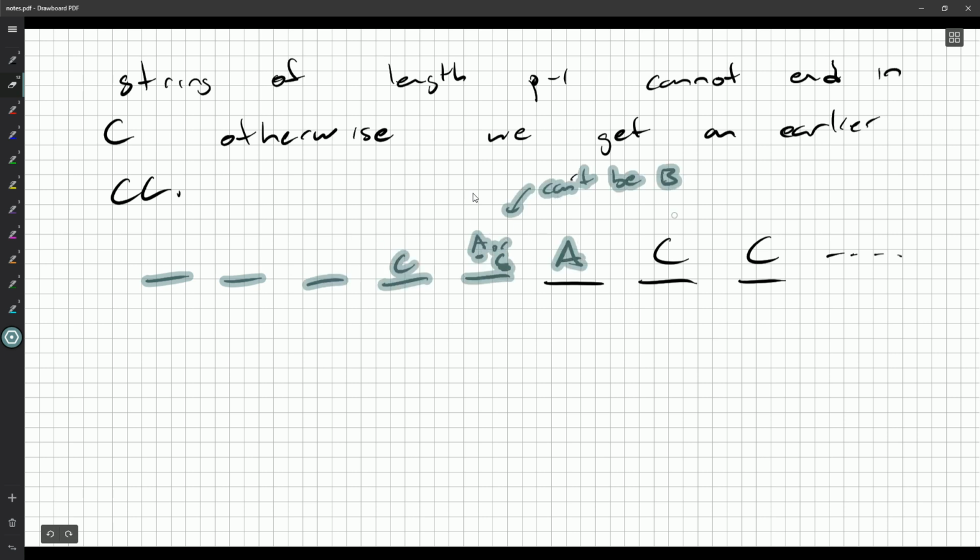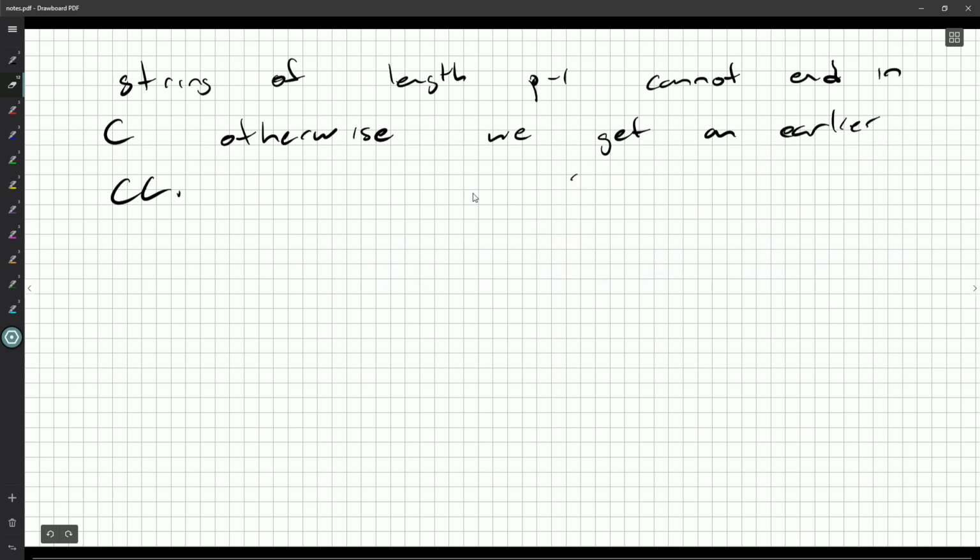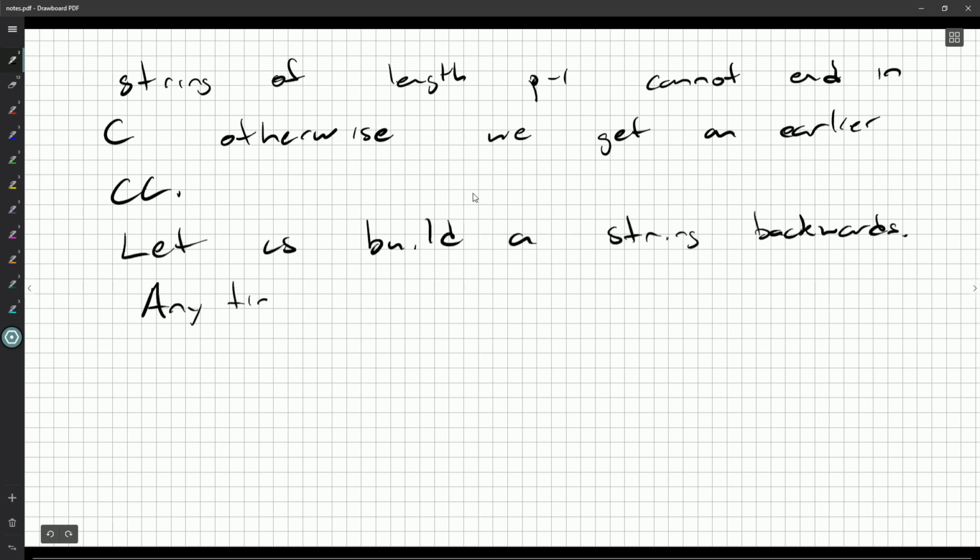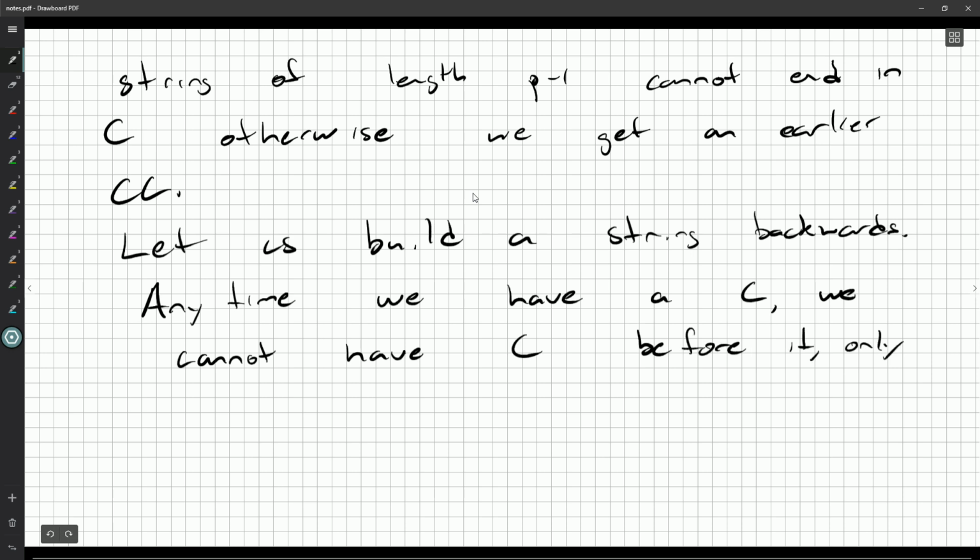So here's what I want to say. Let us build a string backwards. Anytime we have a C, we cannot have C before it, only A or B. So anytime I see a C, I have two choices for what could be before it.